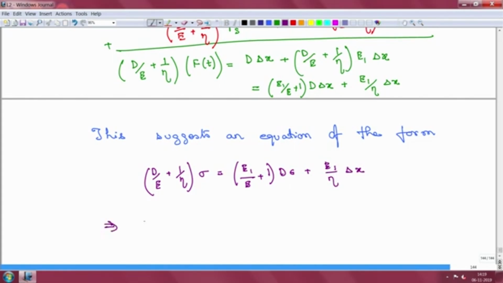Or basically this is my sigma dot, I just take this operator and because this is d dt, I am just changing the form of this, and then here you have E1 by E plus 1 epsilon dot plus E1 by eta epsilon.